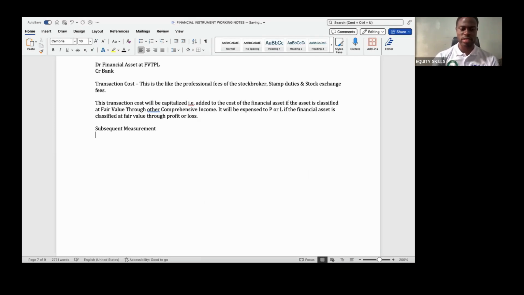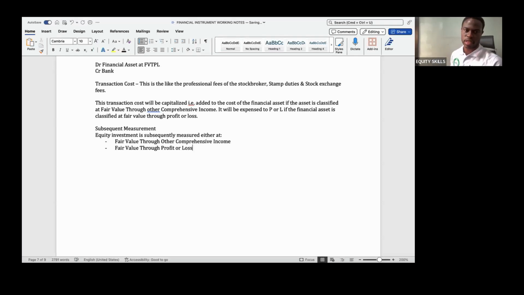So equity investments are subsequently measured either at fair value to other comprehensive income or fair value to profit or loss.